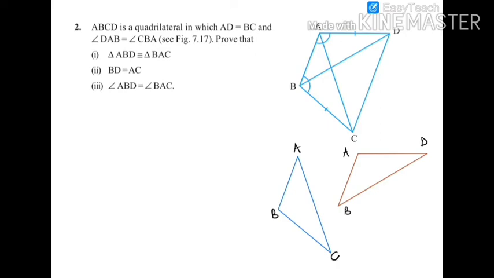Let's identify the equal sides and equal angles in these two triangles. So in the question it is given AD is equal to BC, angle DAB is this angle and angle CBA is marked over here.